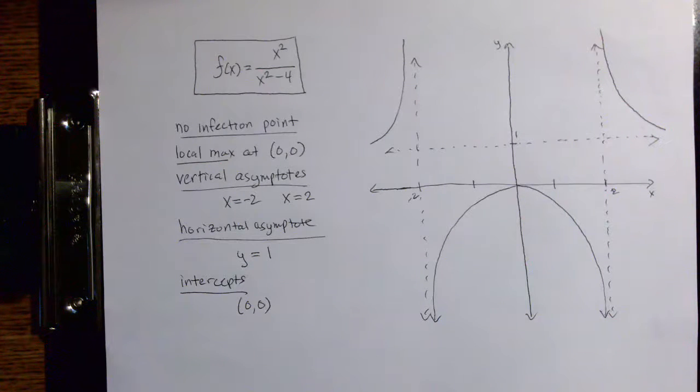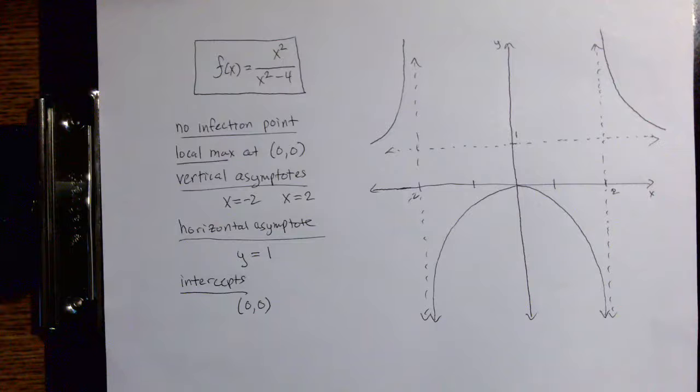If you were to plug this into a graphing calculator and get a different graph because you entered it incorrectly, my hope is that you would be able to recognize that, hey, this doesn't make sense.